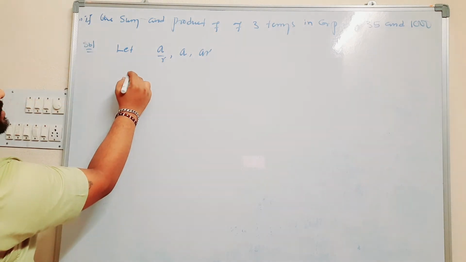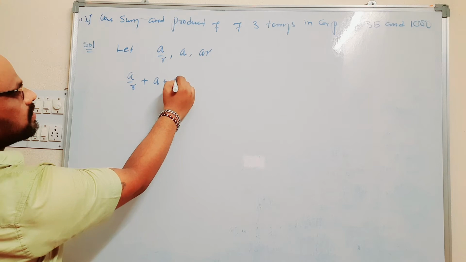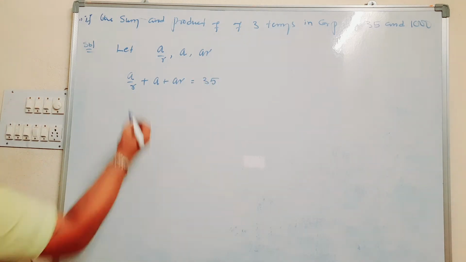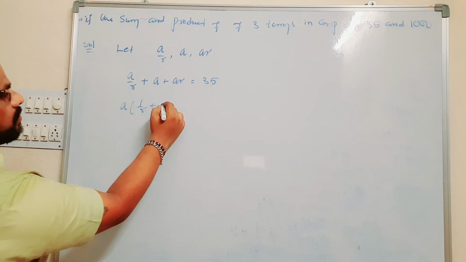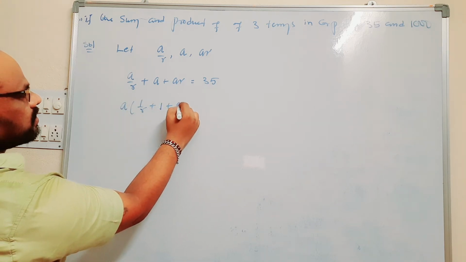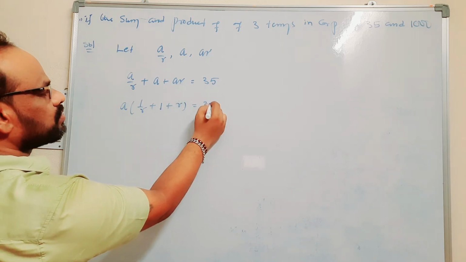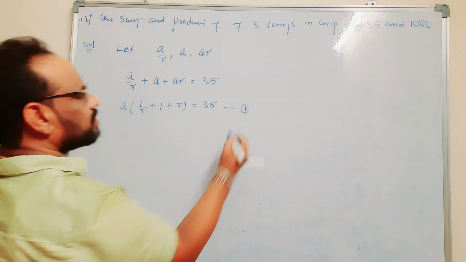Their sum means A by R plus A plus AR is equal to 35. If you take A as common, A into (1 by R plus 1 plus R) is equal to 35. This is equation number 1.